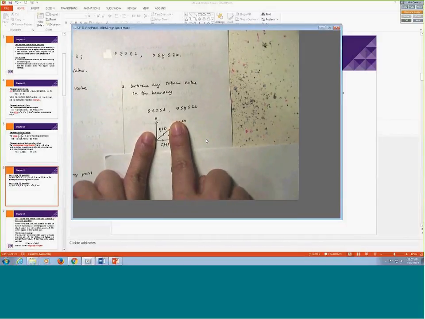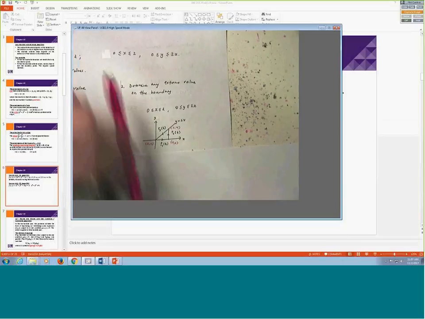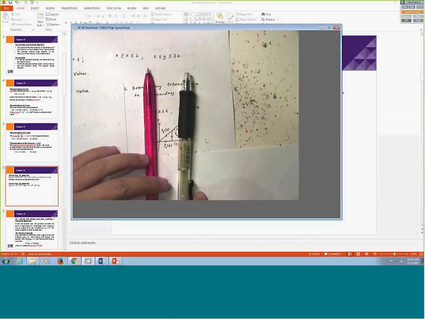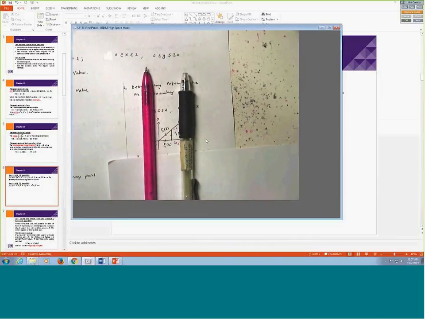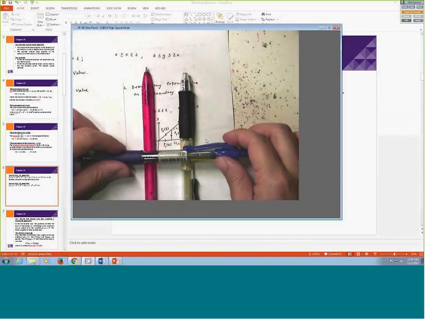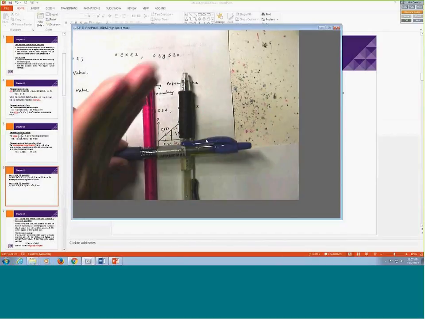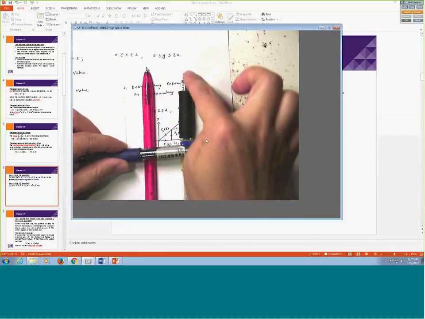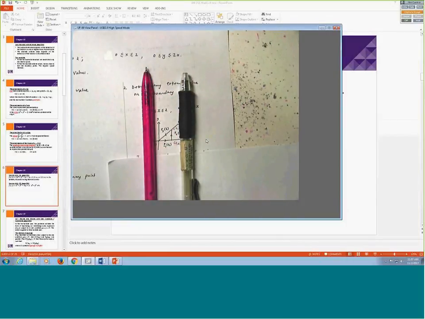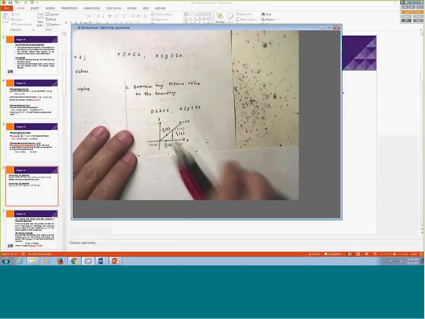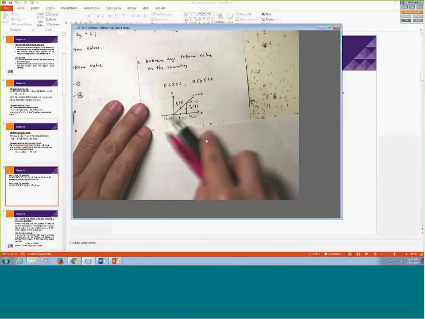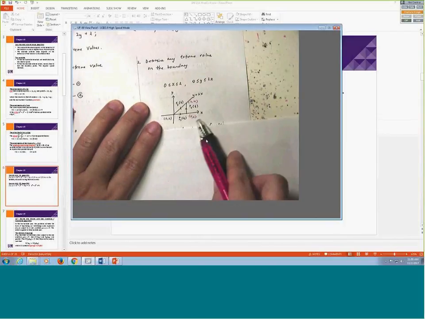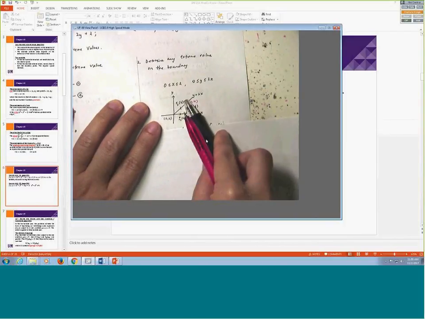This is x equals 0, this is x equals 2, and y from 0 to y equals 2x. 2x is the line, so we have a bounded region. The closed region is a triangular region, with coordinates (0, 0), (2, 0), and (2, 4).